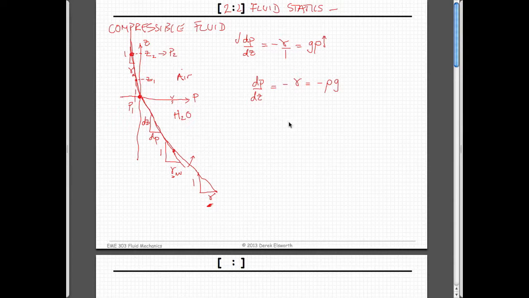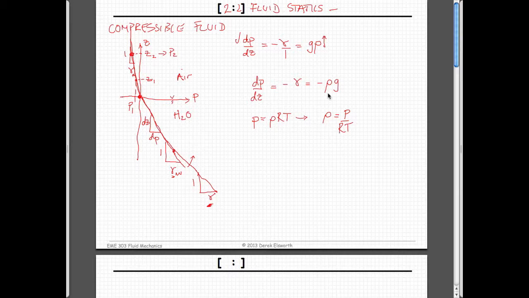We also know that we have the ideal gas law, where pressure is equal to density times the gas constant for that gas times temperature. And so we could certainly rewrite that in terms of density, as density is equal to the particular pressure at that location divided by RT.